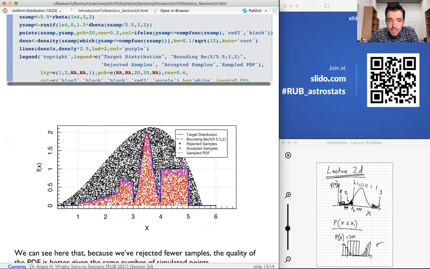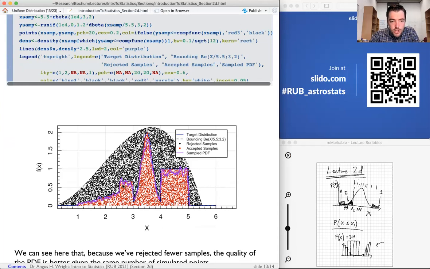Okay, so essentially you can see already what I'm doing. We're just generating a function that is a tighter fit to the target distribution than the rectangle that we were using originally. It's essentially all we're doing, okay?